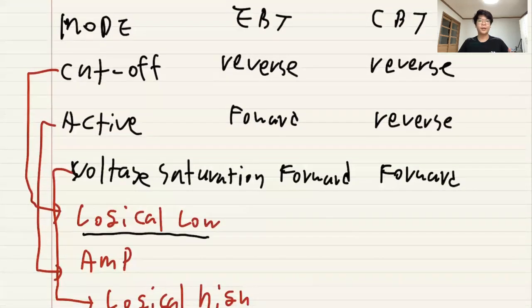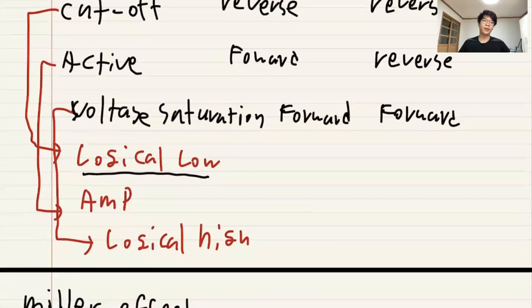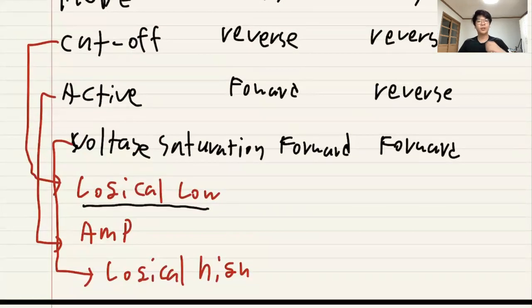So in active mode, we use this as an amplifier. And there is a voltage saturation mode. At saturation, the emitter-base junction and collector-base junction are both forward biased, which is used as a logical high. At saturation, the voltages are limited.